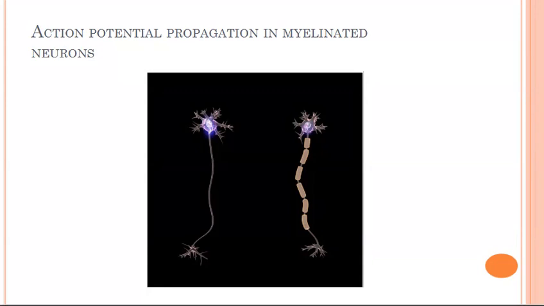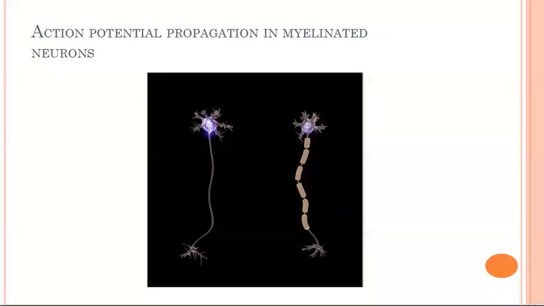The myelin insulates the axon and does not allow any fluid between the myelin and the cell membrane. Under the myelin, when Na plus and K plus channels open, no ions flow between the intracellular and extracellular fluid.